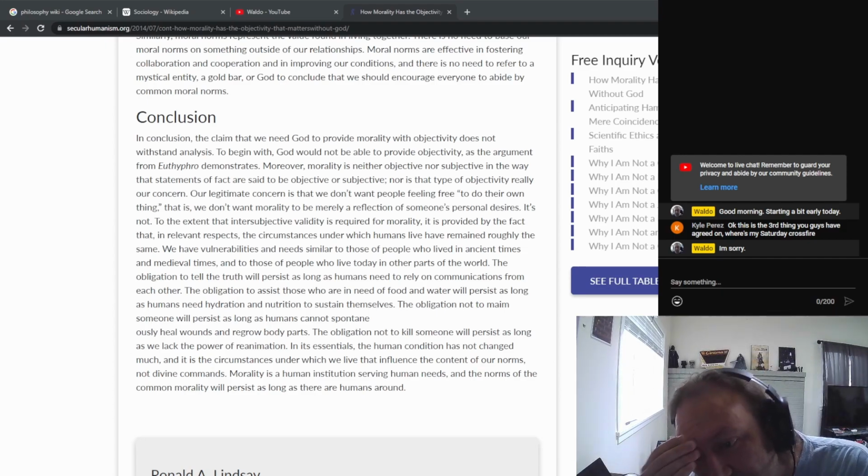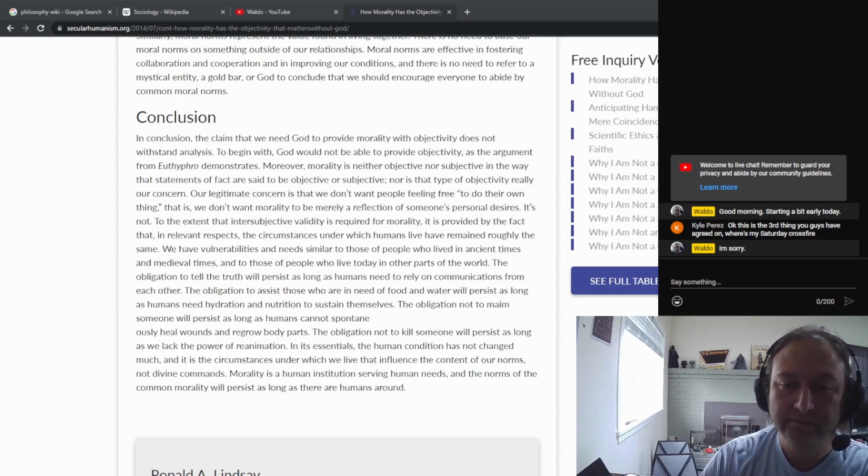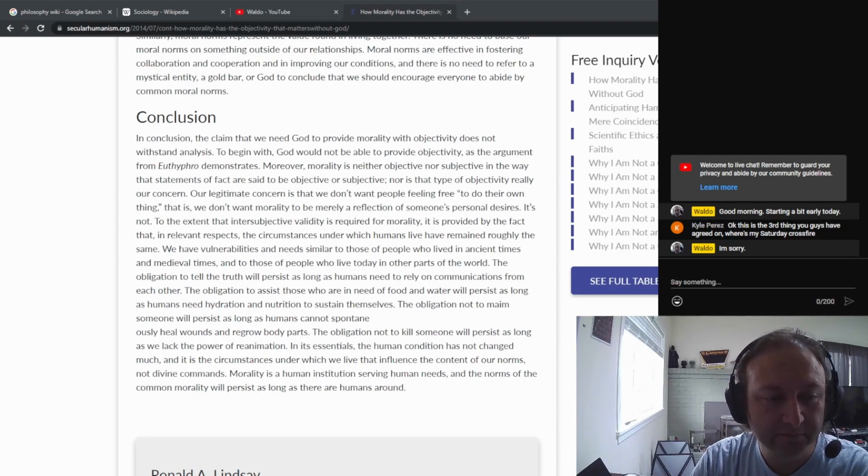Now, then there's the further question: if we generally agree upon a set of morals, and so far this is as close as we've gotten to the objective morality, if somebody violates that morality, have they objectively violated morality?